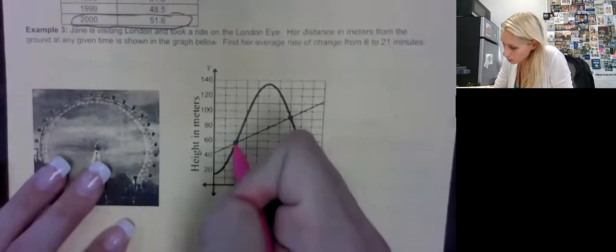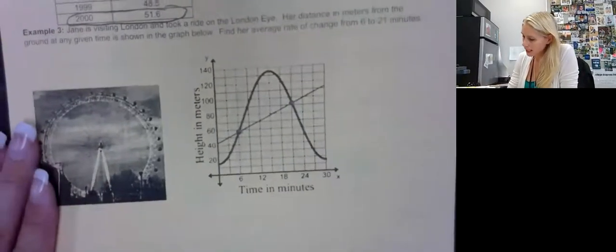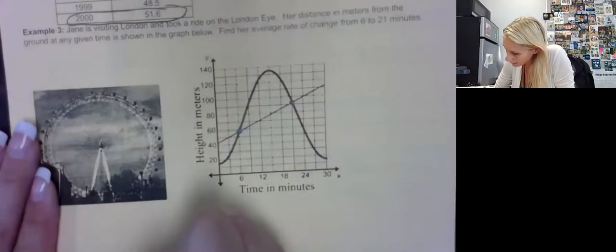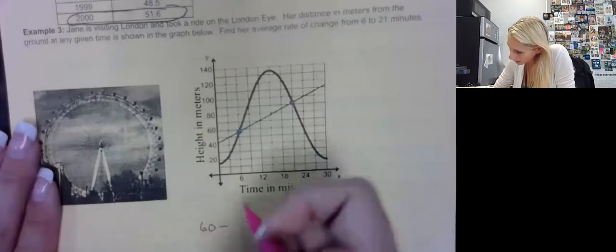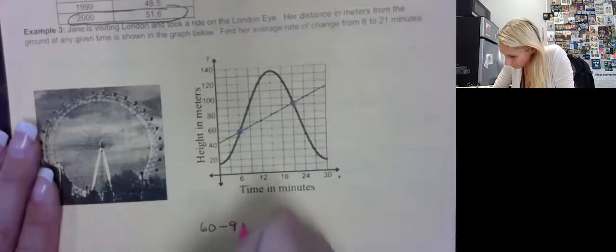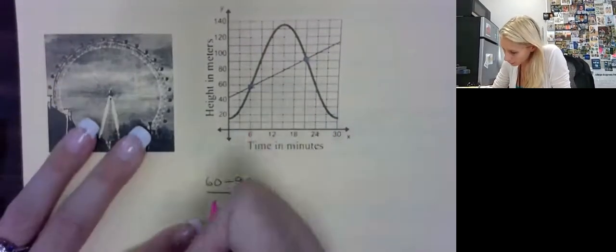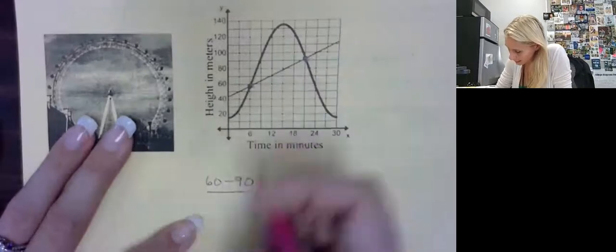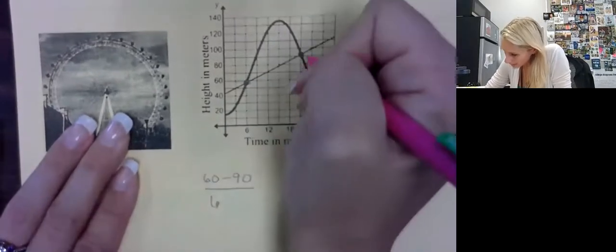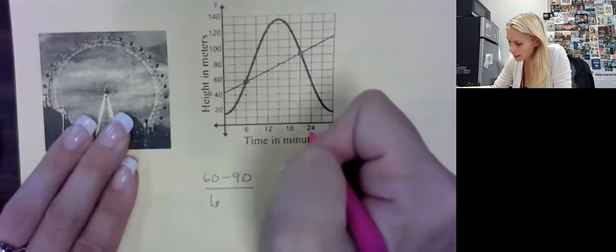So right here we have our coordinate, right? So let's actually look at this. So our y value, remember our y value is right here. So we could say 60 minus, and let's interpret that as 90, all over. And then our x values, well, with the 60 is 6. With the 90, okay, that's in between. So what is that?